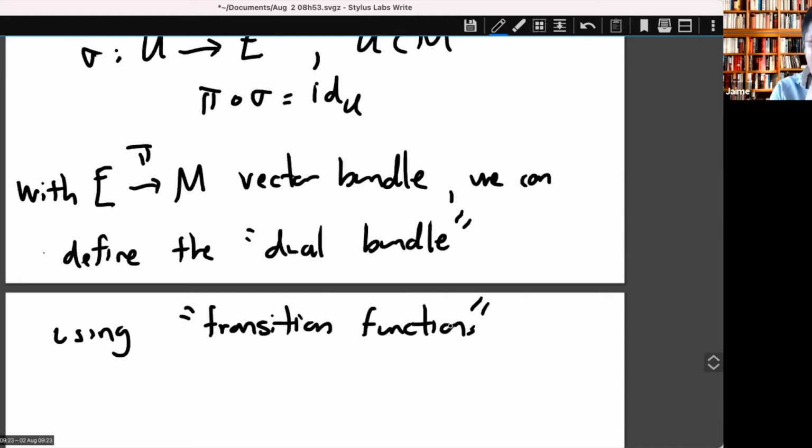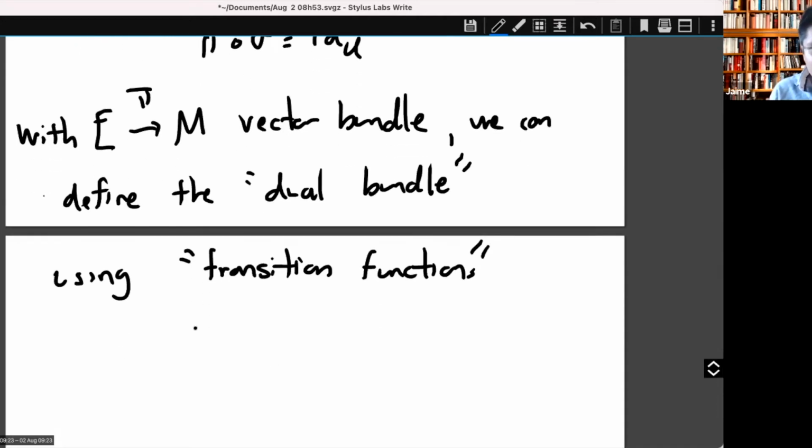But to be really quick about this, the only thing you have to keep in mind is that when you have an element in your manifold and you consider the pre-image, I said that this is a vector space.